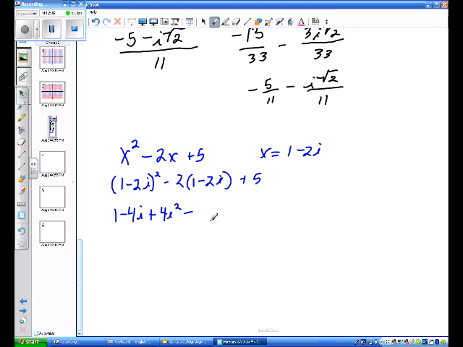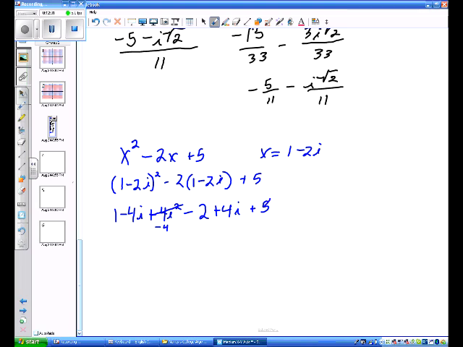Let's go ahead and do the rest of our multiplication. So that would be minus 2 plus 4i plus 5. Okay, as I said, this is negative 1 times 4, so that's going to make this term actually a negative 4. So we have 1 minus 4 is negative 3, minus 2 would be negative 5, plus 5 would be 0.